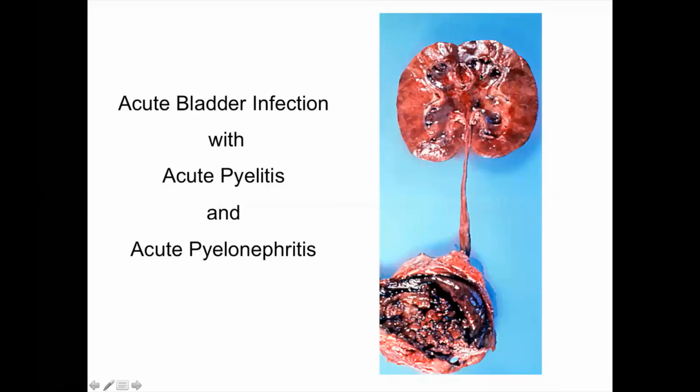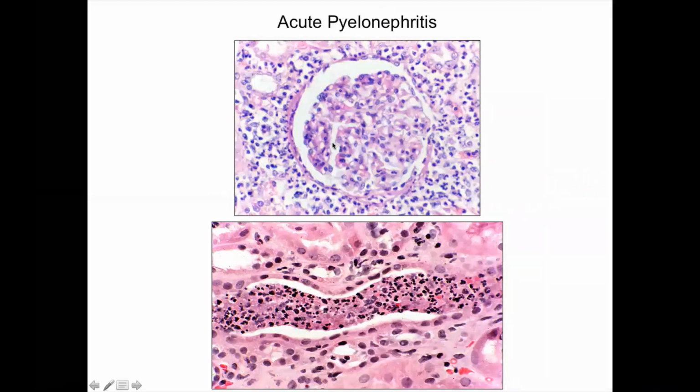If it is involving the pelvic calyceal system it is called acute pyelitis, and if it is spilling over into the renal parenchyma it is called acute pyelonephritis.